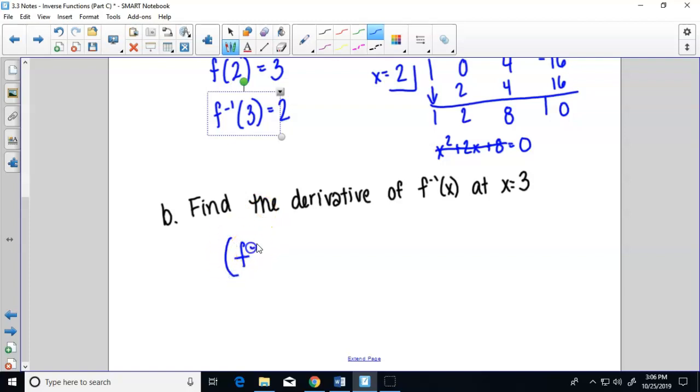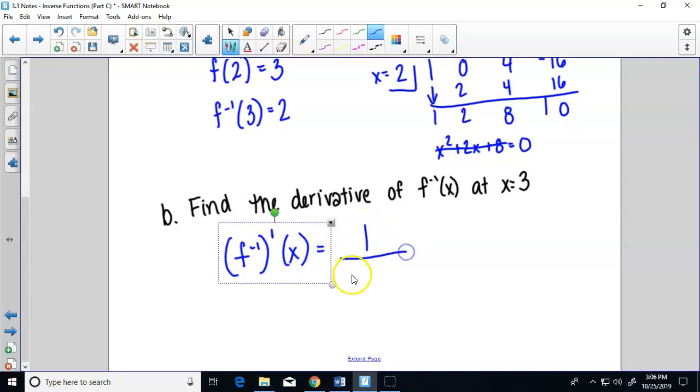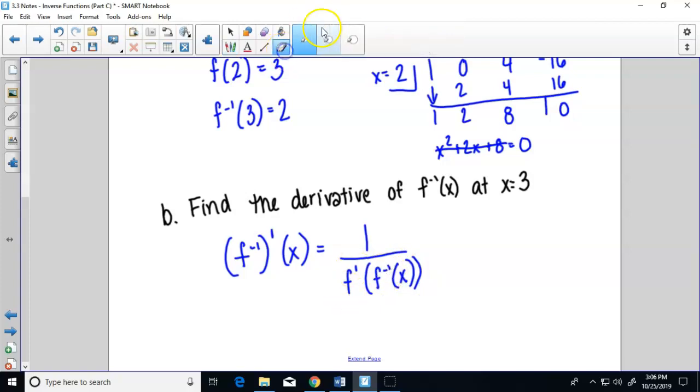So f inverse prime of x equals 1 over f prime of f inverse of x. Prime is on the outside, inverse is on the inside. And we are asked to find this at 3. So I could go ahead and plug in 3 right here.